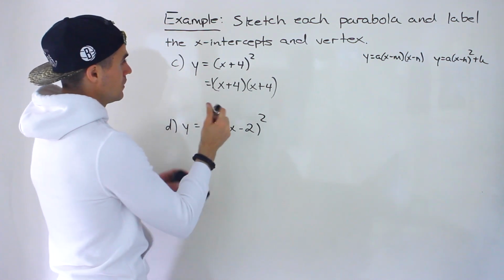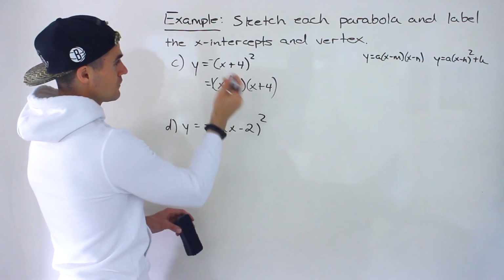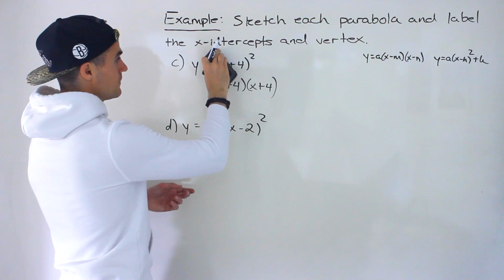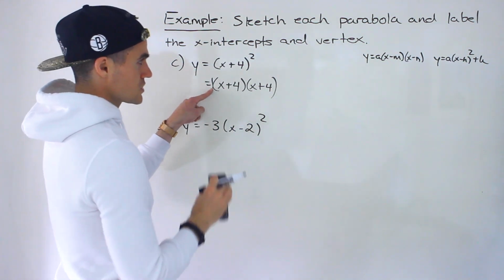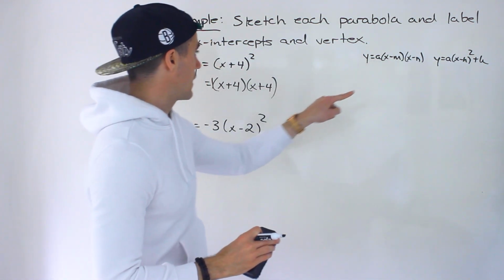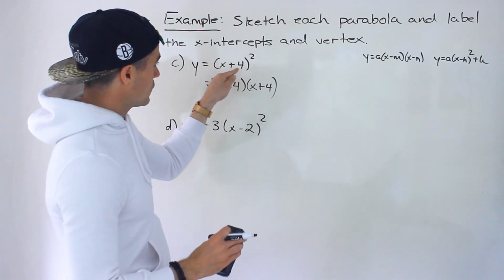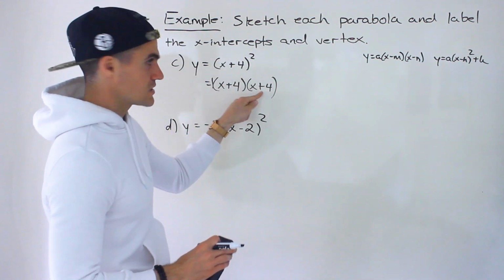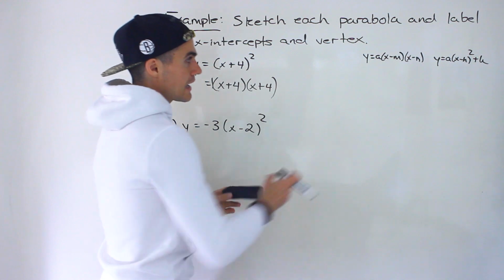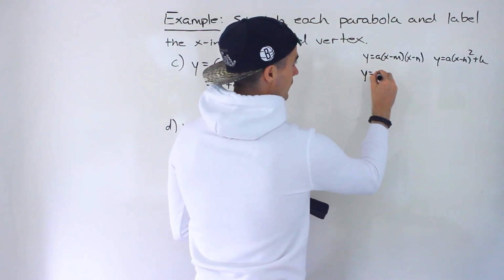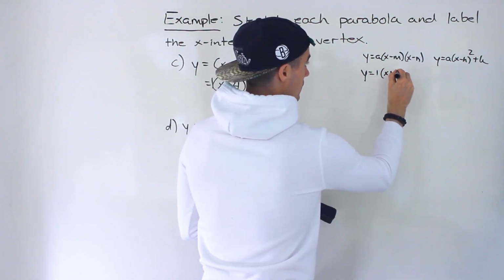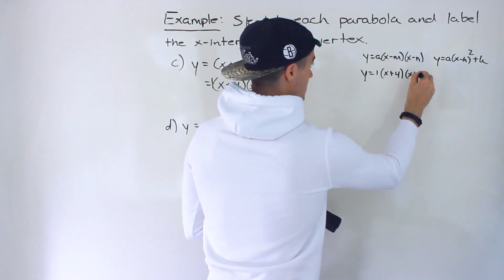If there's nothing here, sometimes you'll see even a negative there. That means there's a -1 in front. In this case there's nothing there, so it's just a +1 for the a value. But the x plus 4 to the power 2, we can rewrite as x plus 4 times x plus 4. So notice that it's in this format.